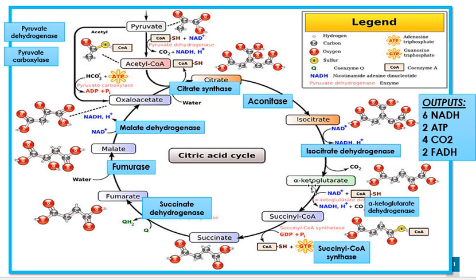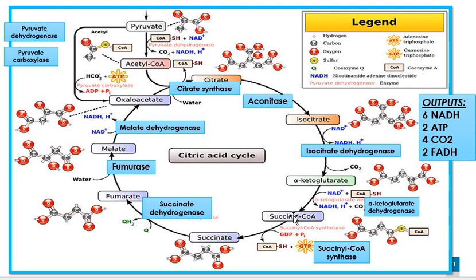So alpha ketoglutarate is no longer 6 carbon, it has 5 carbon. So with the help of this, alpha ketoglutarate loses carbon again, so it becomes 4 carbon. So that is succinyl CoA. So carbon dioxide is released, and again the presence of NADH.